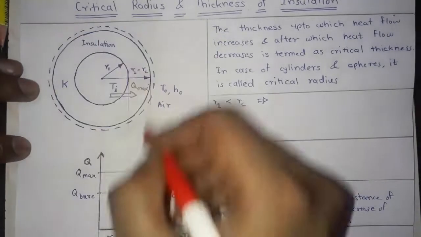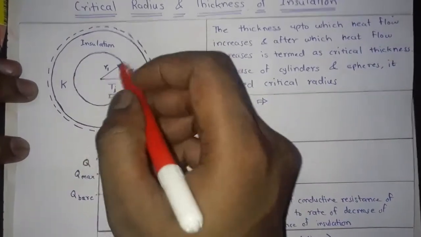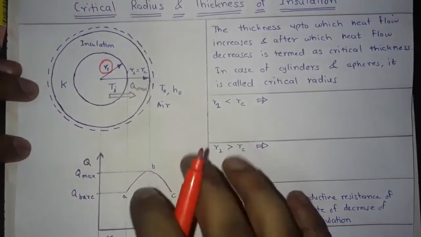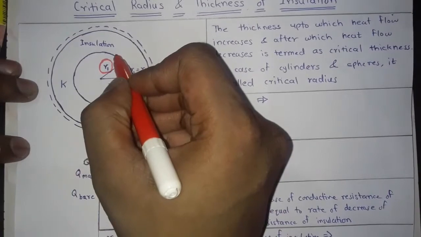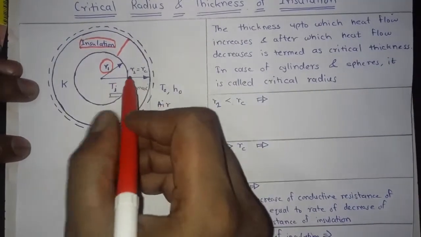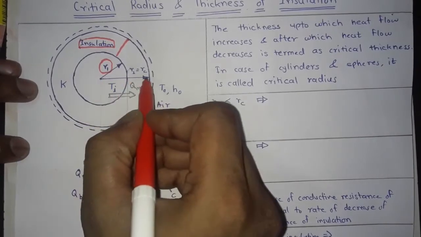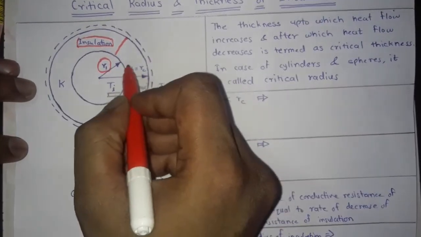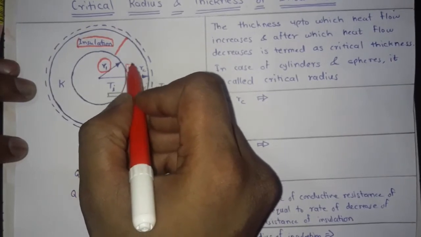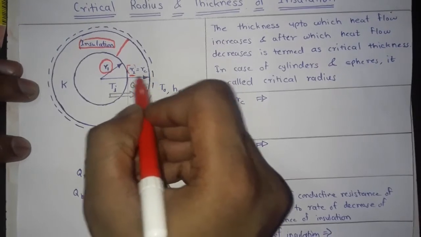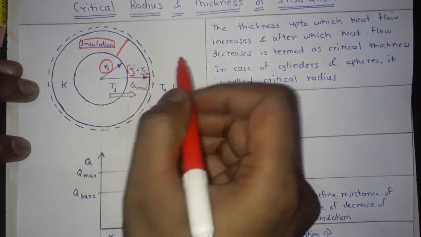Friends, in this diagram, this circle which has radius r1 is our solid cylinder. And here this portion is our insulation, and this radius is the radius of insulation, that is r2, and it is the critical radius rc.